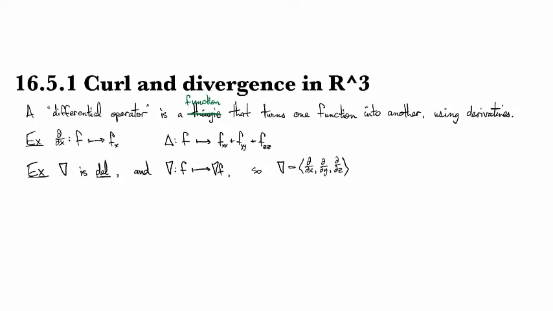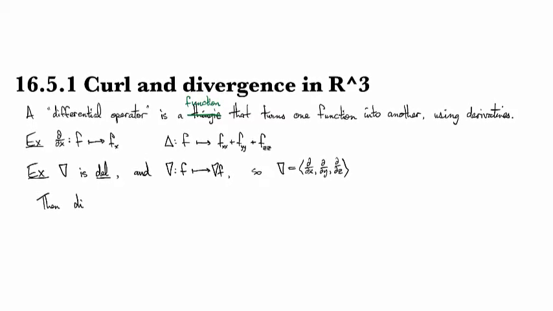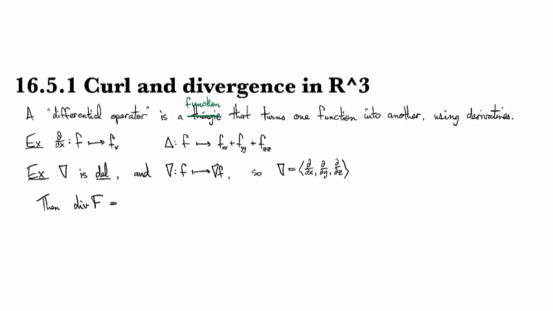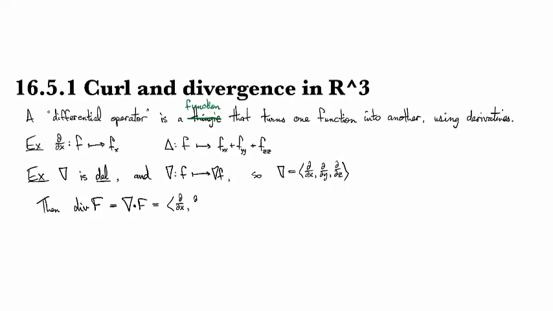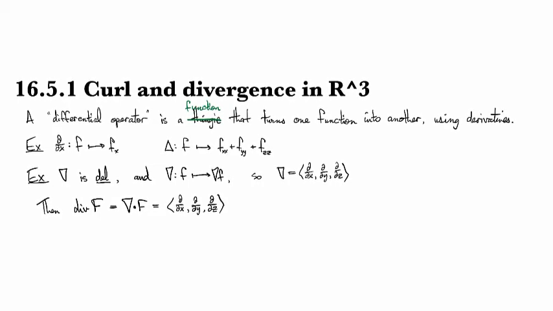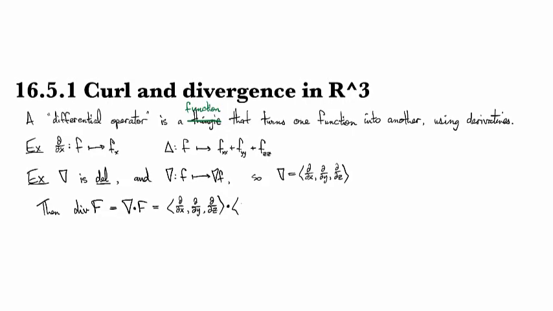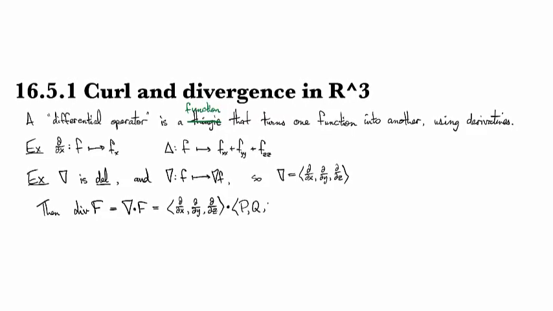So, using this notation, we have the divergence of the vector field f, and we can write it as del dot f. This would be d/dx, d/dy, d/dz dotted with the vector field, which if I write it in coordinates, we can call it P, Q, and R for the component functions of f.